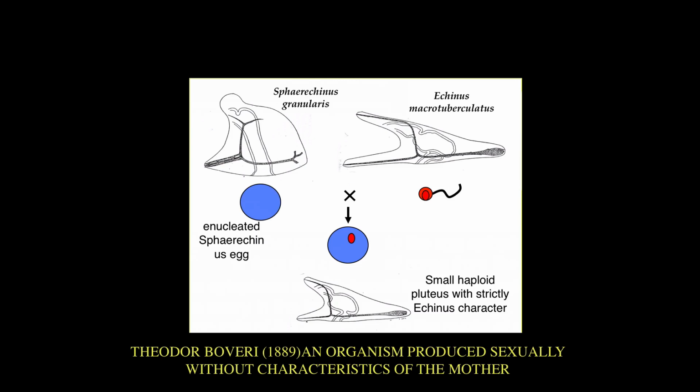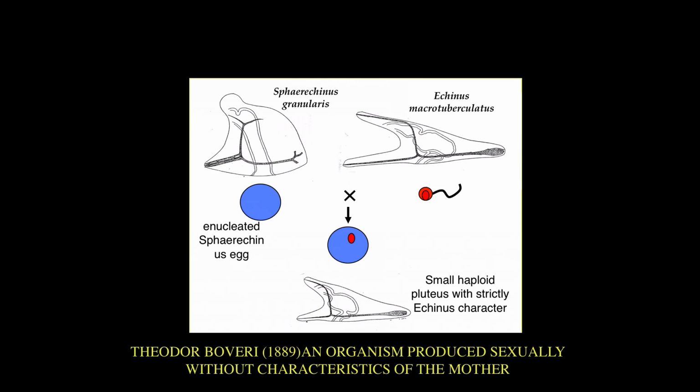And what Boveri and what scientists wanted to know is what were the relative roles of the nucleus, and it was known that female and sperm and egg contributed nuclei to a large body of cytoplasm. What is the role of the cytoplasm?